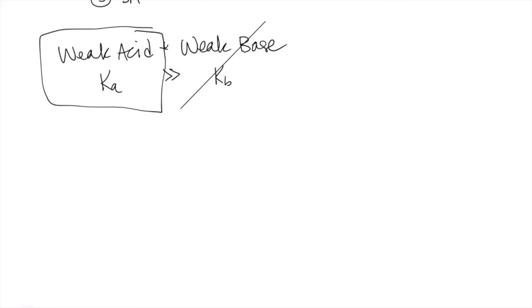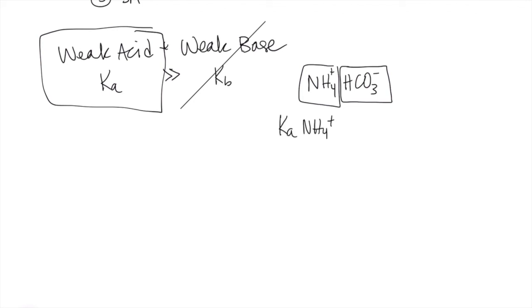This is in fact what you'd see also if sometimes you have something like a salt like NH4HCO3 or something like this, where you've got an acidic NH4 plus and a basic HCO3 minus. You look up the Ka value and the Kb value. The Ka for NH4 plus, we already know. It is 5.5 times 10 to the minus 10.